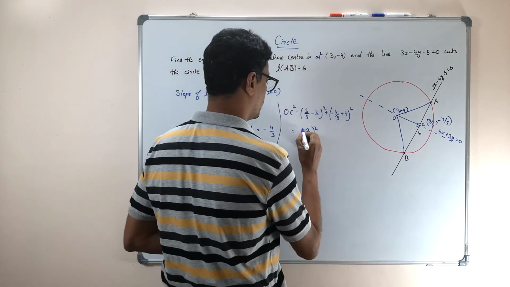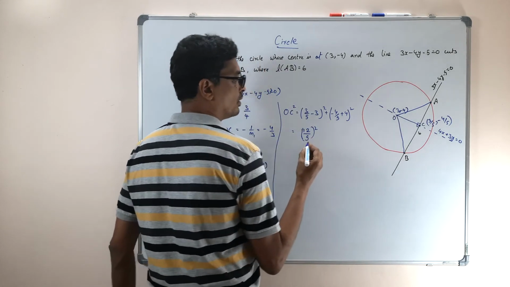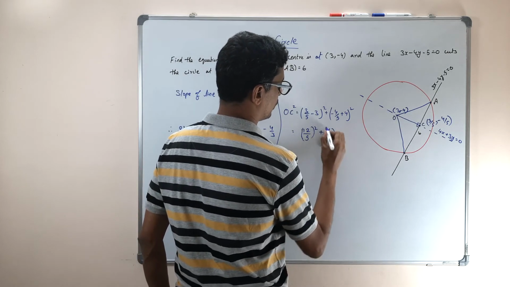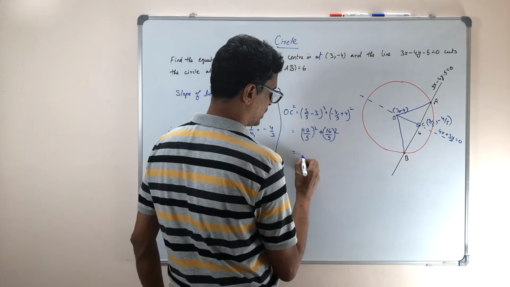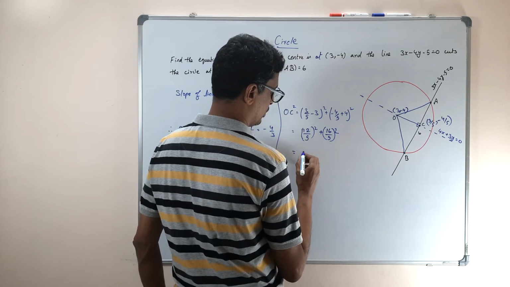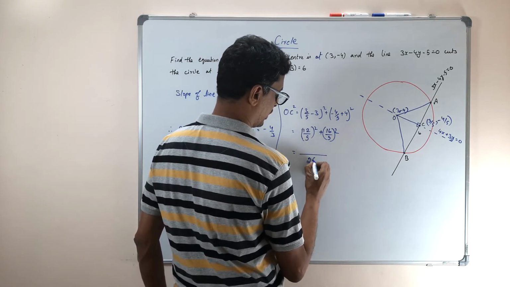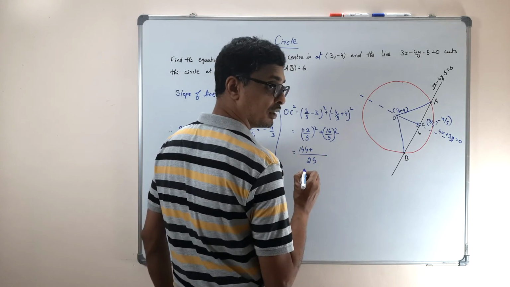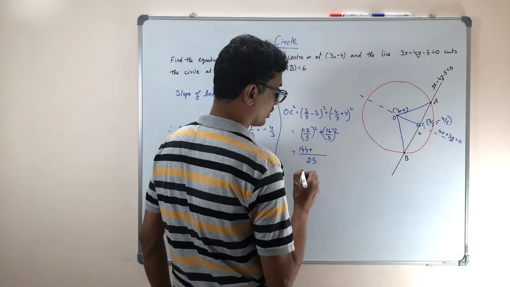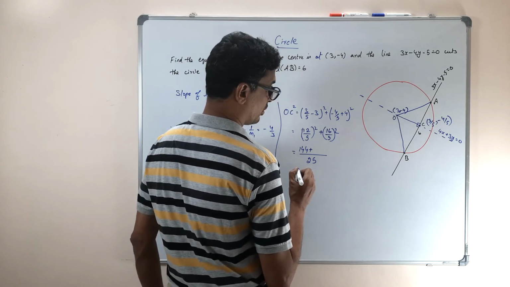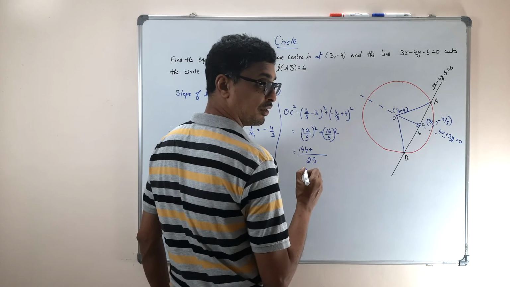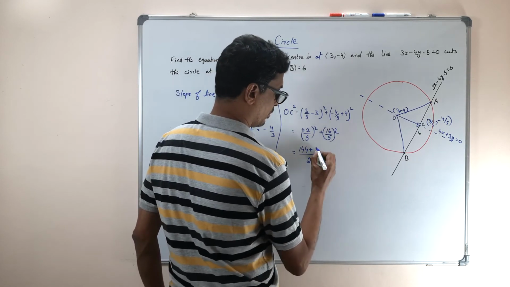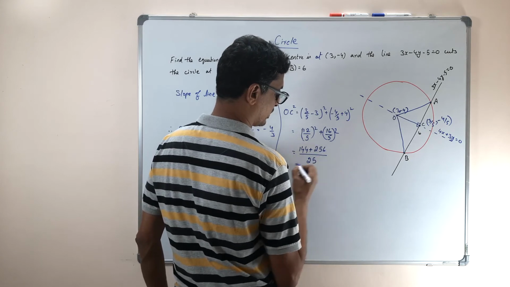And then 16 by 5, plus 16 by 5 whole square. That is equal to how much? 144 by 25. I can take 25 common. This will be 144 plus 256.